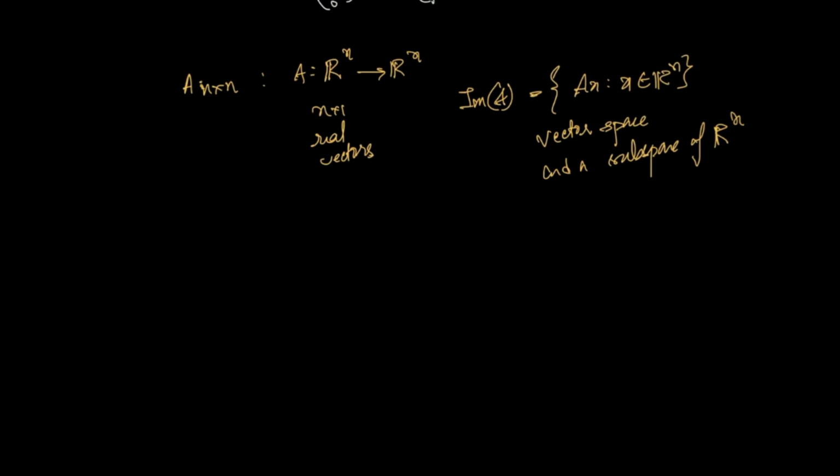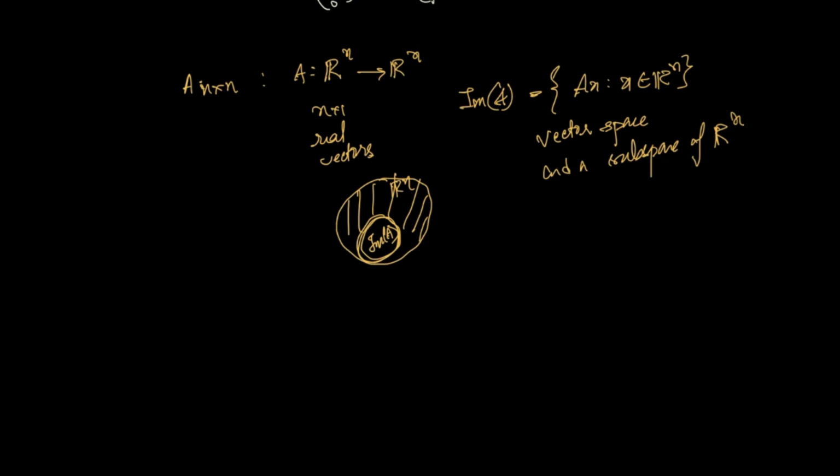So imagine that this entire circle is Rn, and this part is the image of A. The remaining part won't have a solution to the equation Ax equal to B, because those vectors don't fall inside the image set.